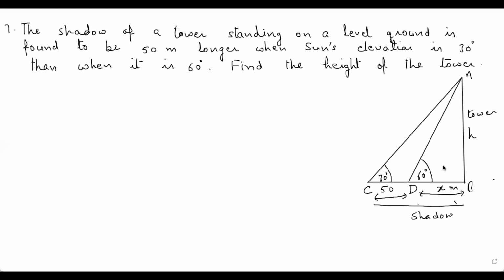When sun's elevation is 30 degree, this shadow of tower is 50 meters longer. That means it is x plus 50 meter. Let me repeat it. It means when sun's elevation is 60 degree, the shadow of a tower is x meter.